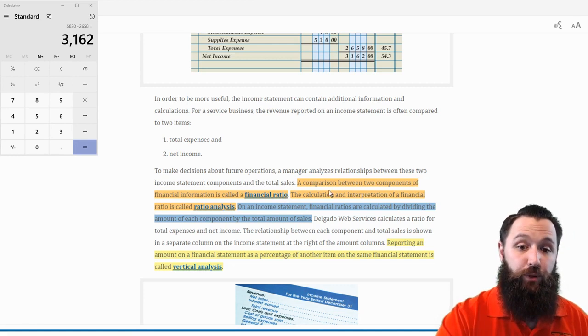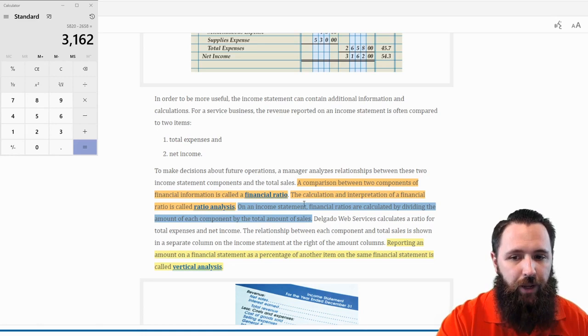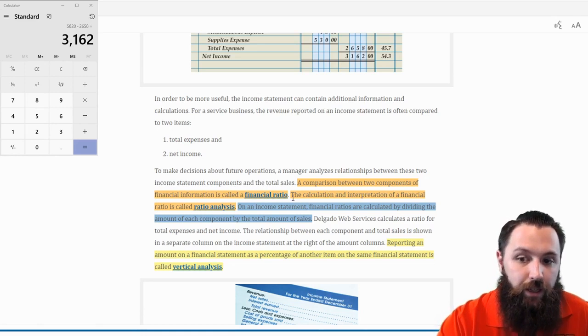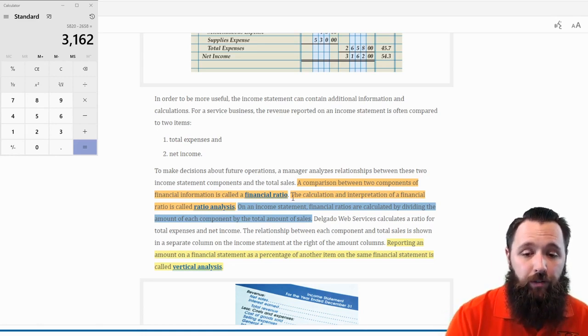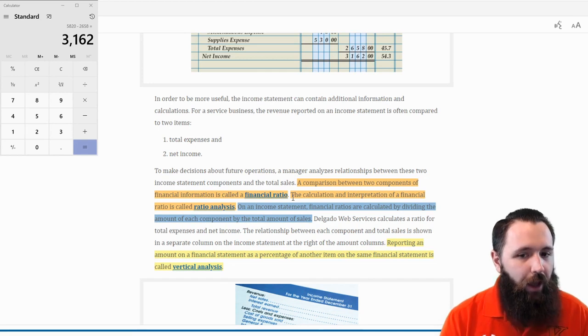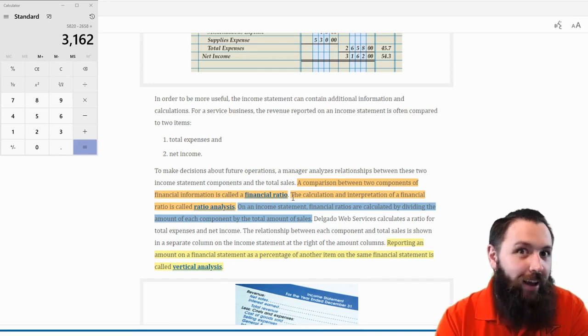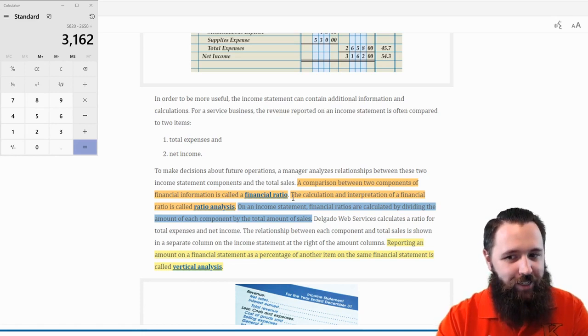This is a comparison between two components of our income statement. The calculation and interpretation of a financial ratio is called ratio analysis. So we're going to calculate a financial ratio, and then look at that ratio and say this is good or bad, and that's considered ratio analysis.